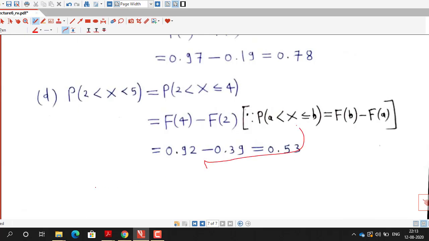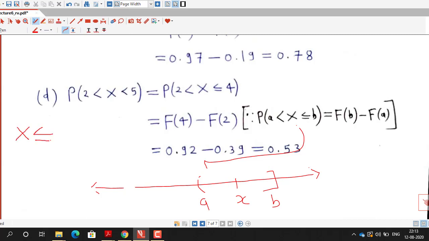This also I have explained in the previous lecture. If you don't want to remember the formula, you understand this. Our x is in this interval a to b. So we are considering these two events. X less than or equal to b can be written as the union of x less than or equal to a and a less than capital X less than or equal to b.